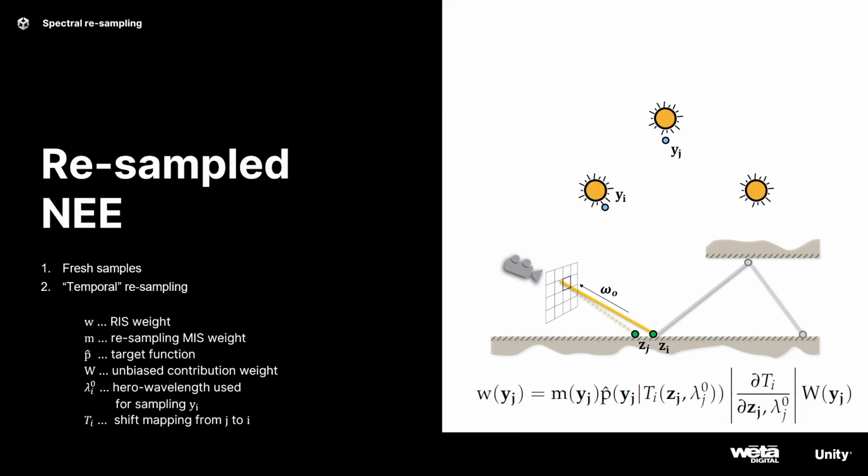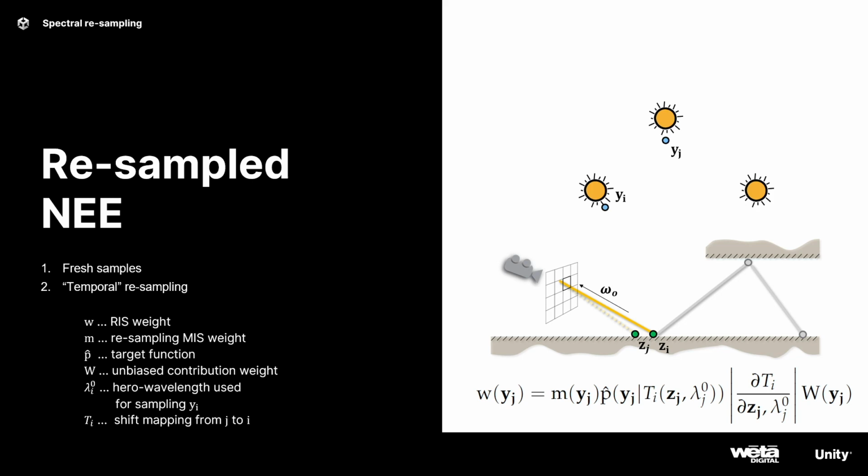This is acknowledged through the existence of a shift mapping from j to i, Ti, and when we use this mapping, we also need to multiply the resampling weight by the Jacobian of this mapping Ti.